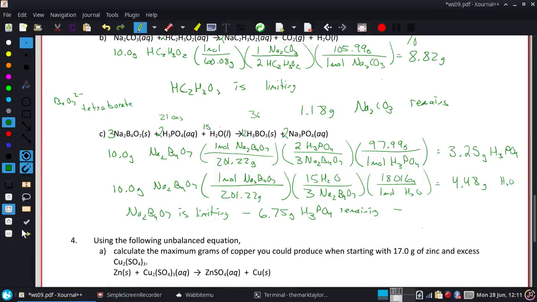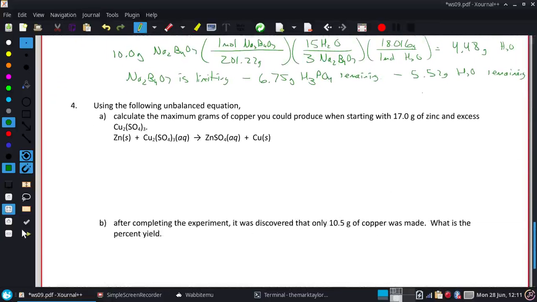And there is 5.52 grams of water remaining. Running out of space, so I'm dropping letters.